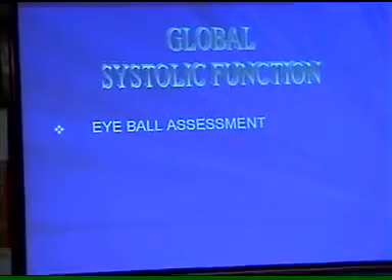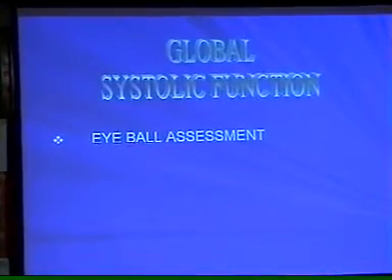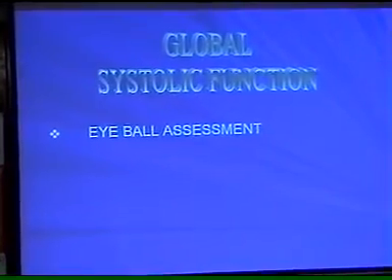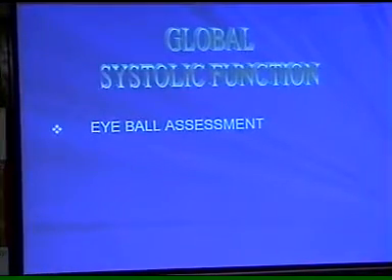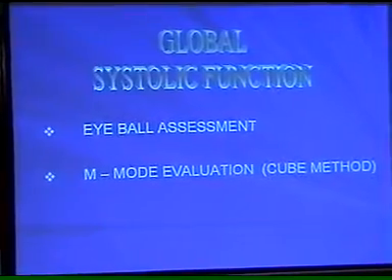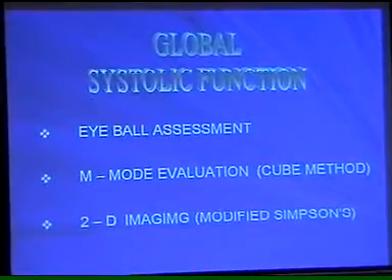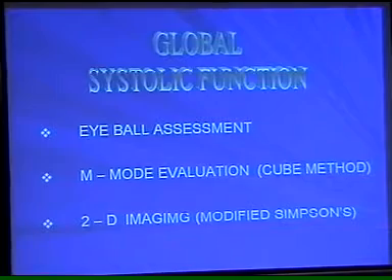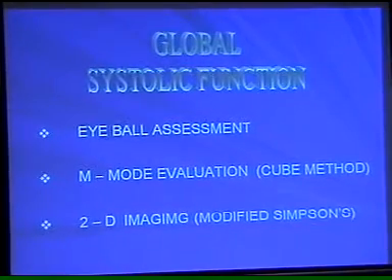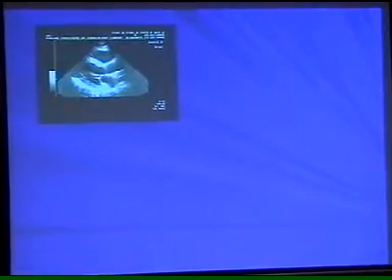Either it is an eyeball impression, which is in fact operator dependent, a non-scientific kind of thing, or M mode evaluation, which is most commonly used, or 2D imaging, the modified Simpson's. In fact, people were going through different modalities.